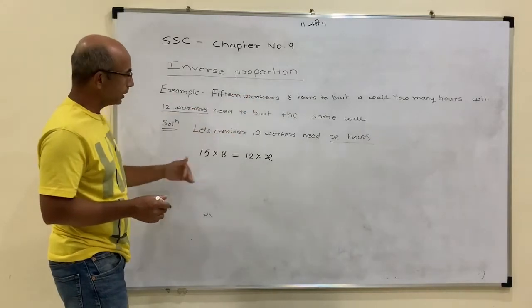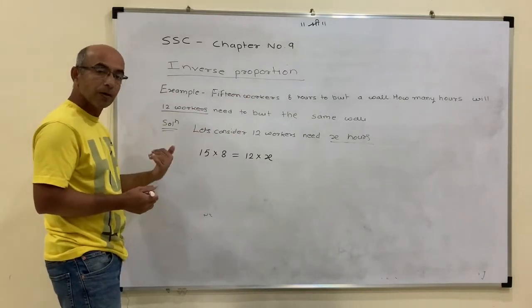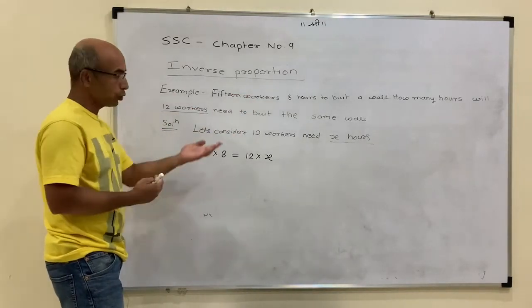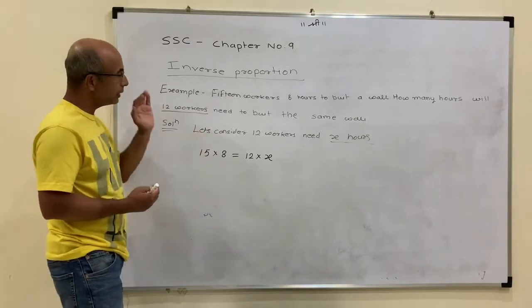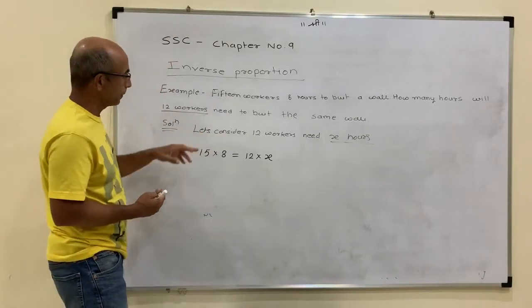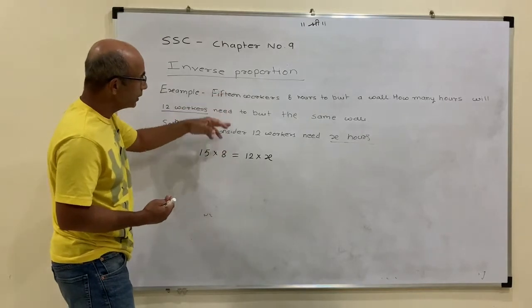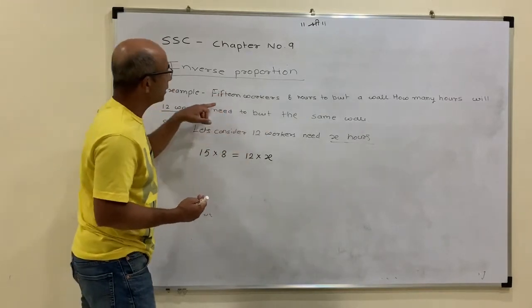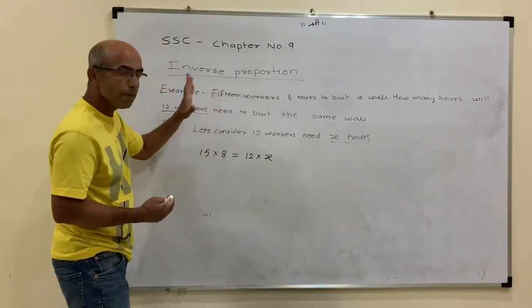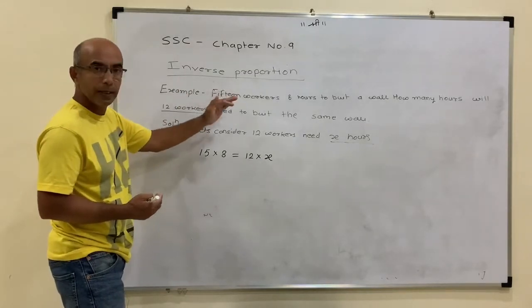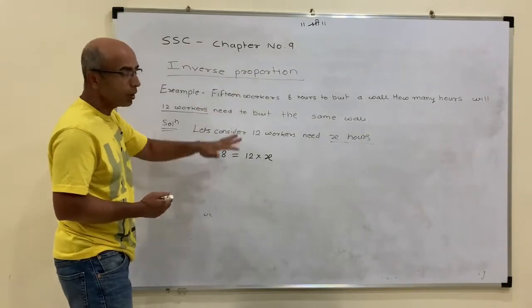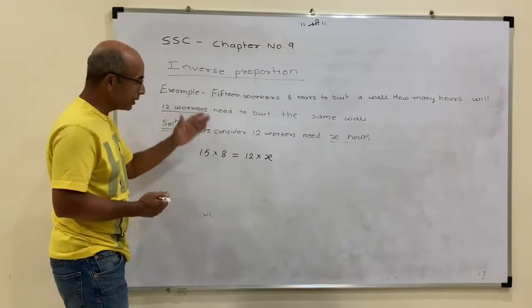You need to understand that. In the previous part it was a direct proportion, so one increases, the other increases. Here it's an inverse proportion. And both of these, 12 workers and 15 workers, are doing the same job of building the same wall. It's not a small wall or a different wall, same wall.